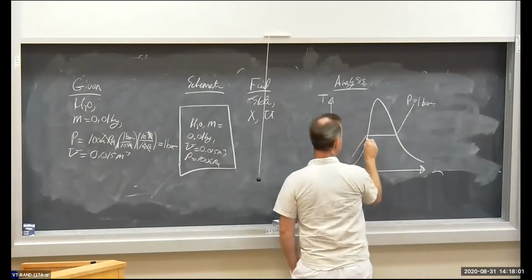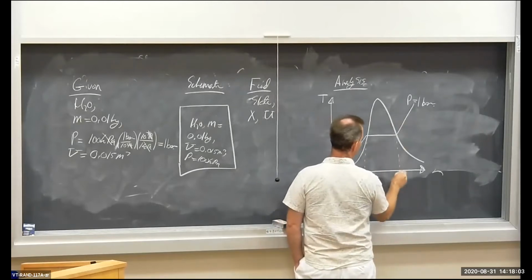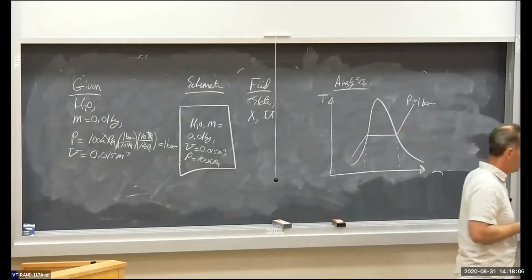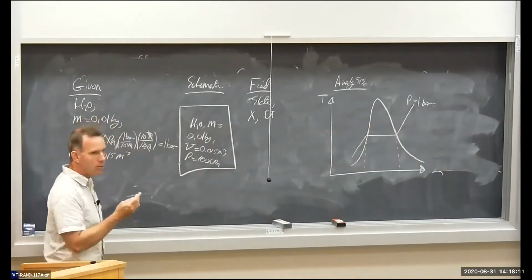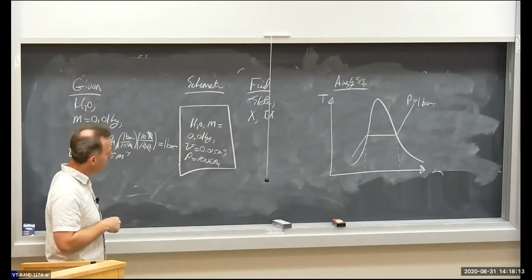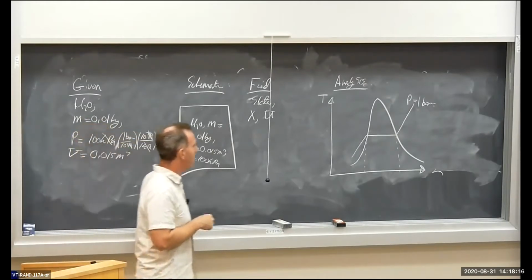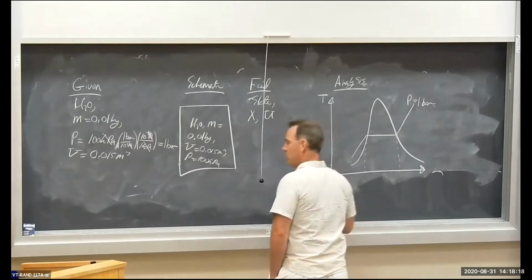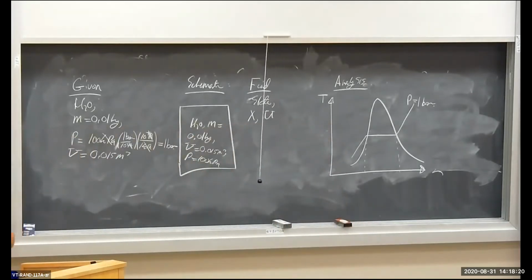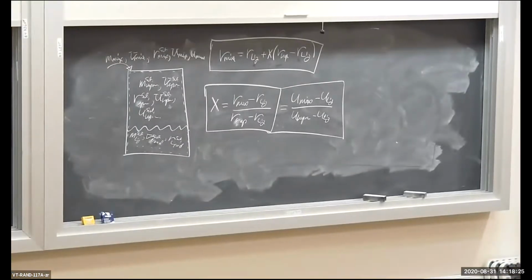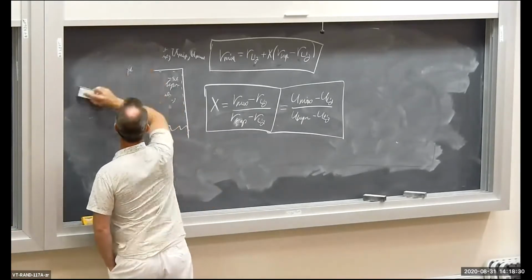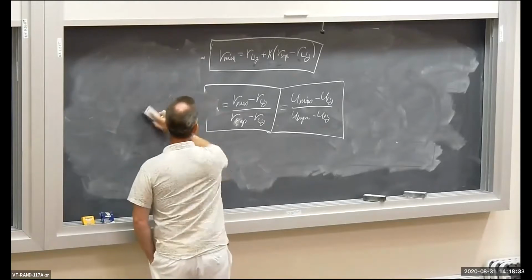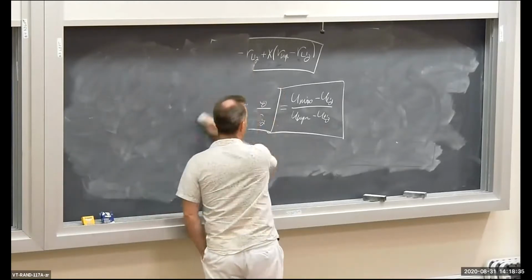Why don't I look up the specific volume of the saturated liquid and vapor at 1 bar, and then calculate the specific volume for the mixture and see where I am. Okay, let me calculate some specific volumes here. So let's look up the specific volume for the saturated liquid and vapor at 1 bar. Let's do that. Specific volume of the saturated vapor at 1 bar.